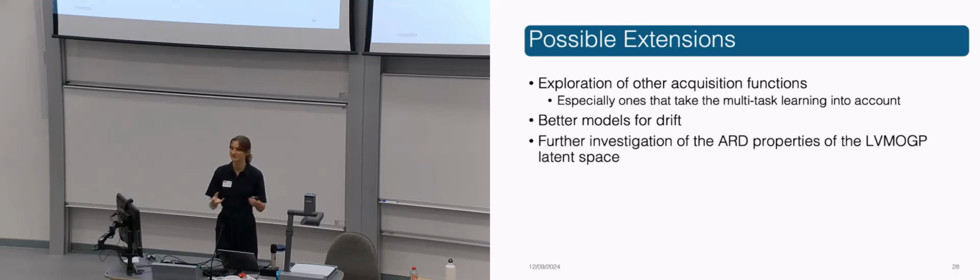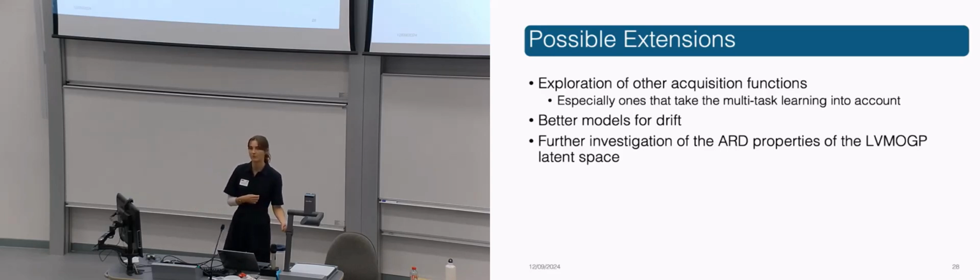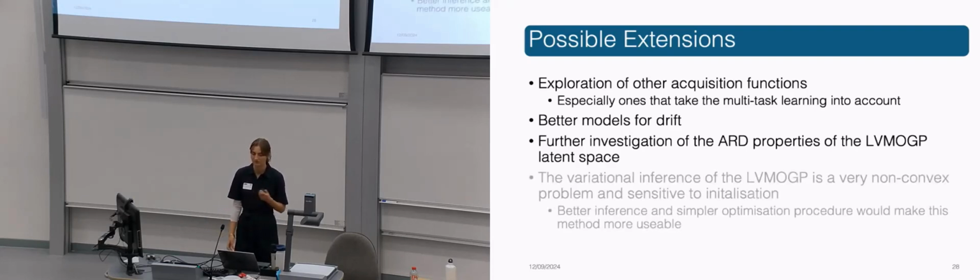Something I really liked was that in the latent space you get this separation and the model can choose the dimensionality. I'd like to investigate whether it over-prunes or under-prunes the latent space. Does this latent space actually have meaning, and is it choosing the right dimensions based on the marginal likelihood or the elbow?